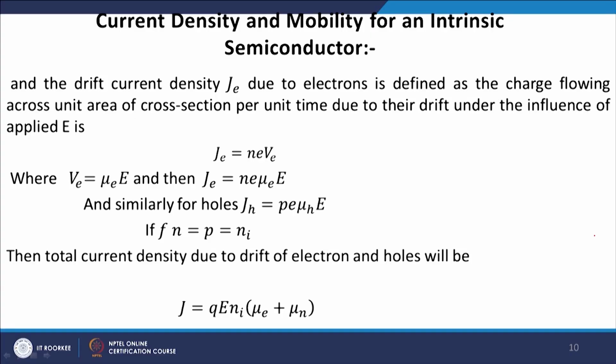So, the drift current density Je, which is due to the electron, is defined as the charge flowing across the unit area of cross section per unit time due to their drift under the influence of applied E, and can be defined as Je is equal to n e times v. Remember, here n is the electron concentration, e is the charge carrier.